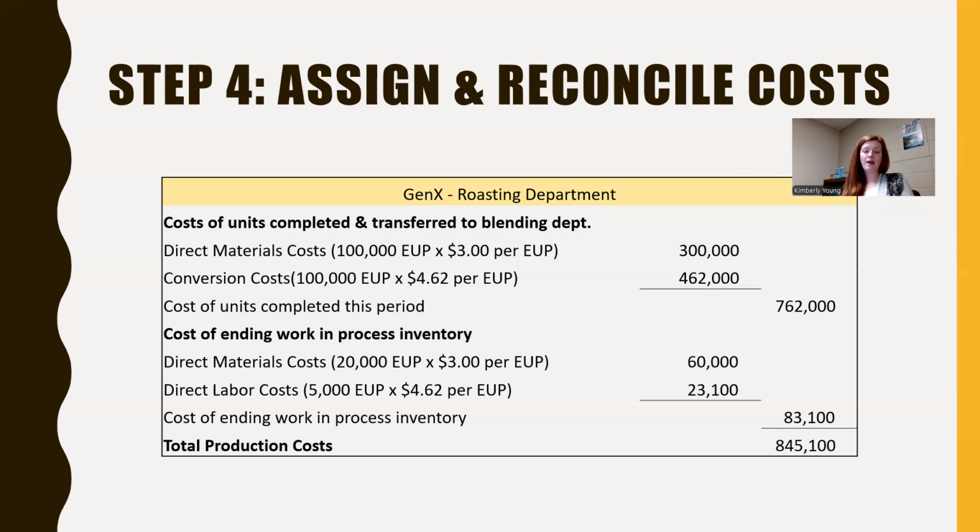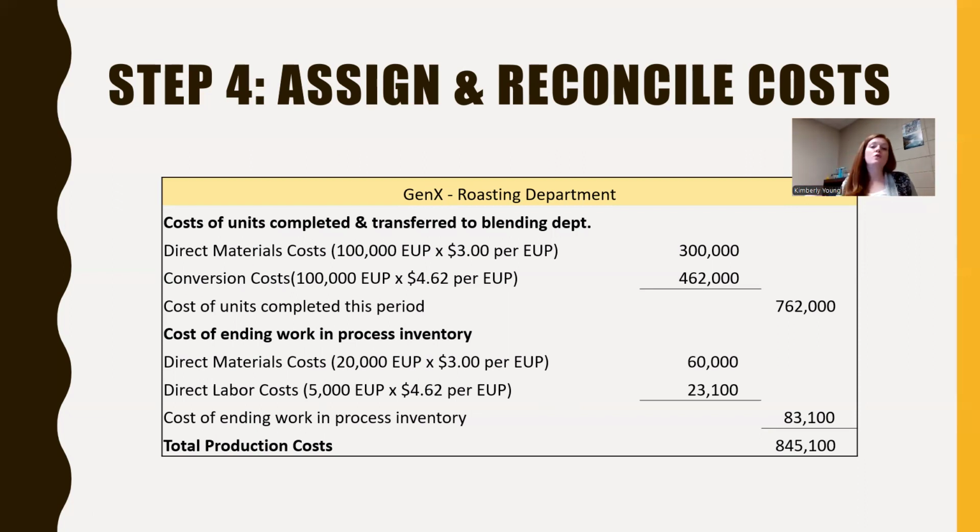Then for the 20,000 that are still remaining in work in process for the roasting department, we have all the costs we need for the 20,000, $3 for direct materials times the 20,000 units. So it's 60,000, plus we have 5,000 equivalent units of production because it was 20,000 units, 25% done.